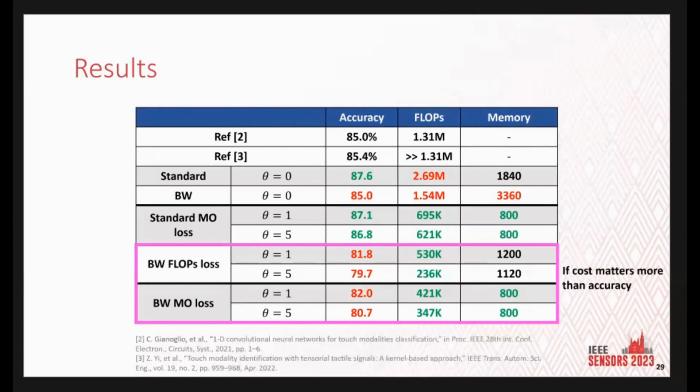Instead, if we don't have particular problems implementing the model, so with a more powerful board or device, we can choose the standard network because it has a good compromise between accuracy and computational cost. But binary weights are a good option when the computational cost matters more than accuracy and effectiveness in our case.